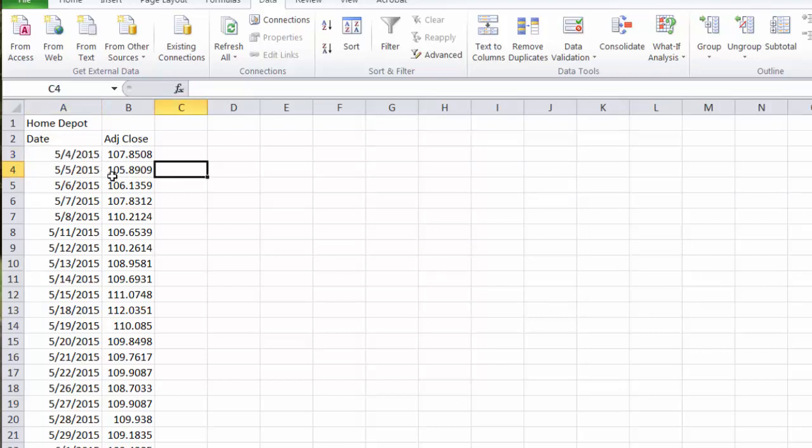I want to get the return over this time period. If I would have invested $107.85 and bought a share on May 4th, on May 5th I could have sold it for, I would have lost money, $105.89. So what did I make? That's what I would have sold it for, that's what I would have bought it for. So that's almost losing $2.